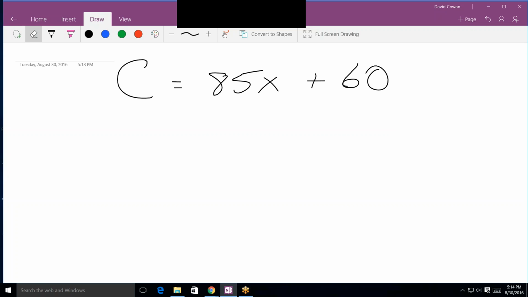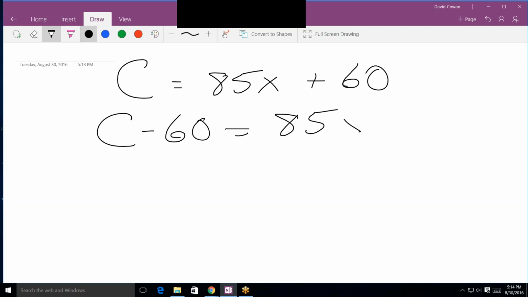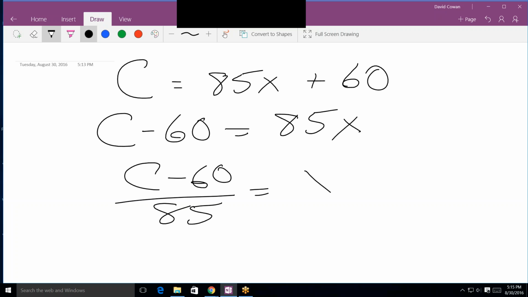If we're solving for x, then the first thing we want to do is get rid of the 60, and the next thing is to get rid of the 85, in that order. How do we get rid of the 60? Subtract. So I got C minus 60 equals 85x. Now how do I get rid of the 85? Divide. So that's x.